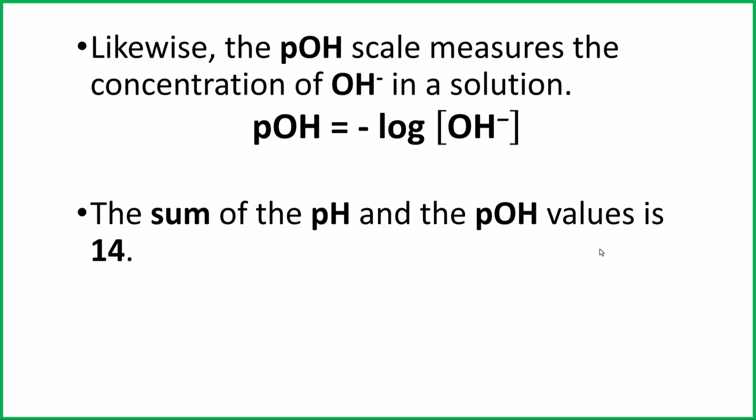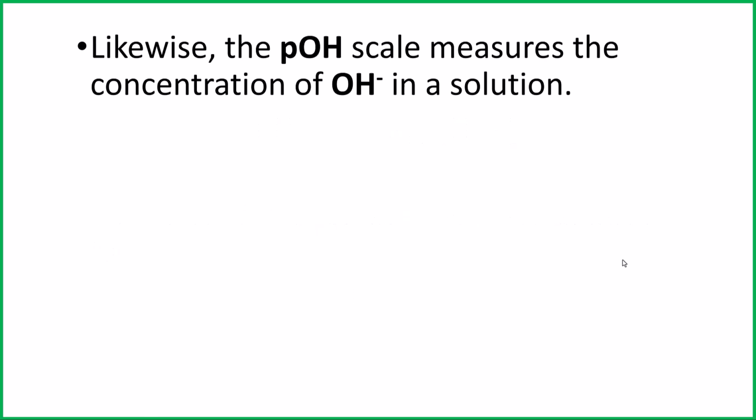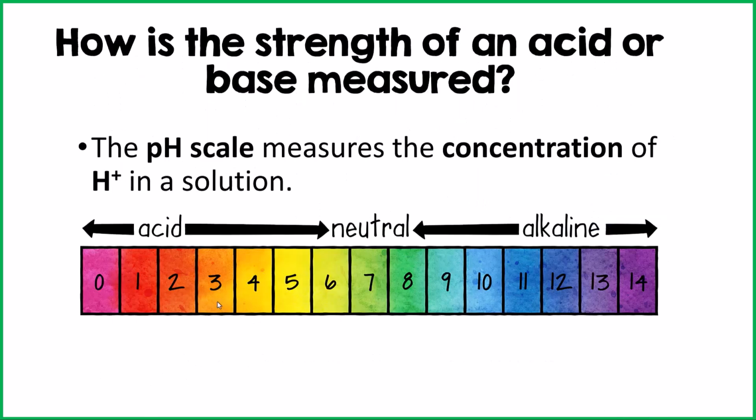So we represent that with the equation pH plus pOH is equal to 14. So if we look back at our pH scale, if we had a pH of 1, we would have a pOH that made up the rest of this pH scale. So it would be a pOH of 13. So the pH value and the pOH value are equal to 14, so that they take up this whole pH scale.